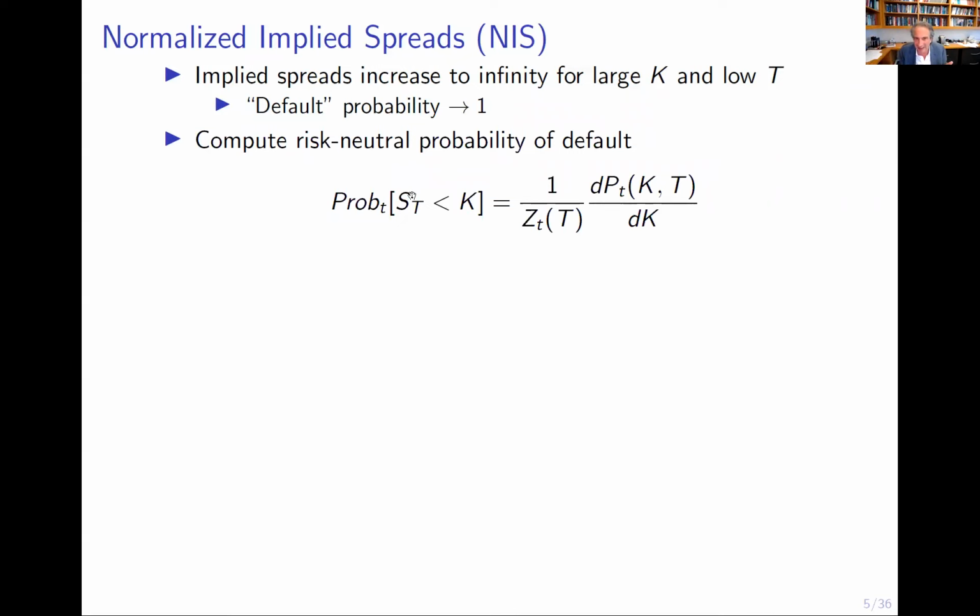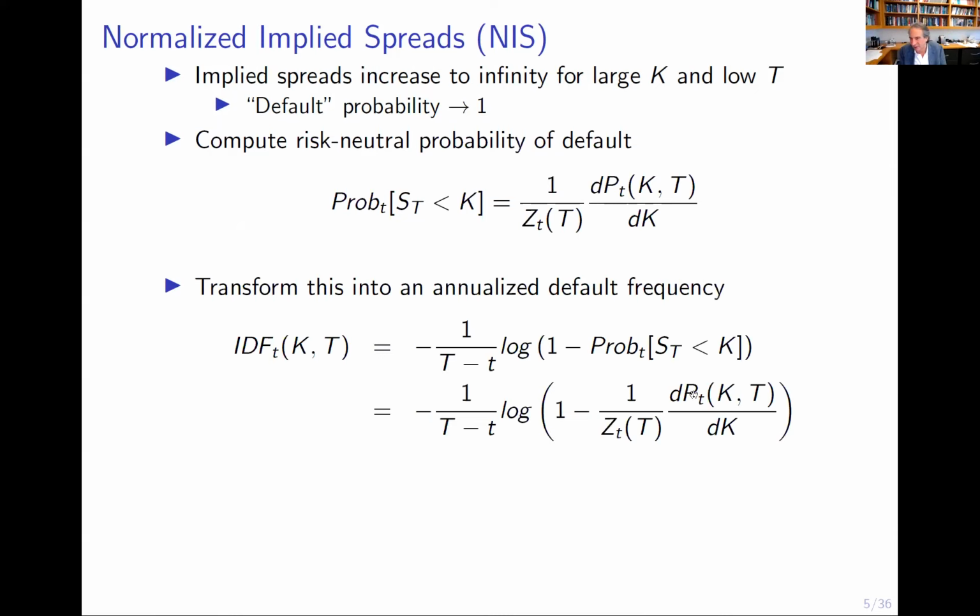Well, we can do exactly the same for a probability. Default is going to be only at maturity, but we can compute an average default frequency by using the standard methodology. So we compute the annualized implied default frequency, which essentially translates this number here, the probability to be in the money, which for bonds means default, into an annualized number, which turns out to be this formula here. Very straightforward.